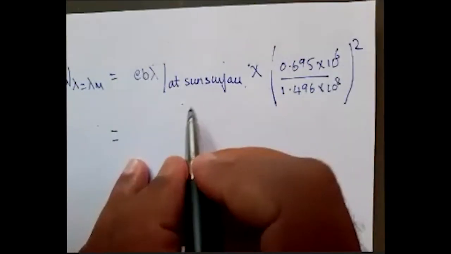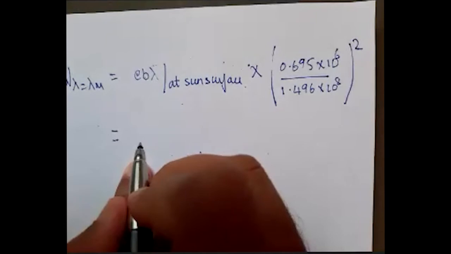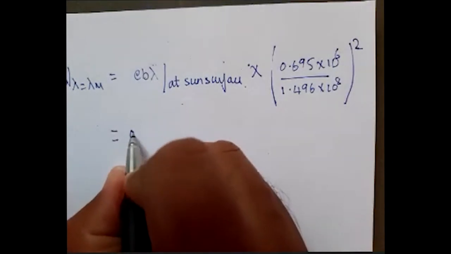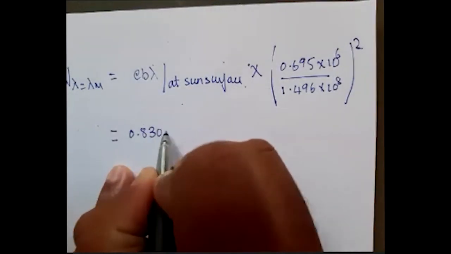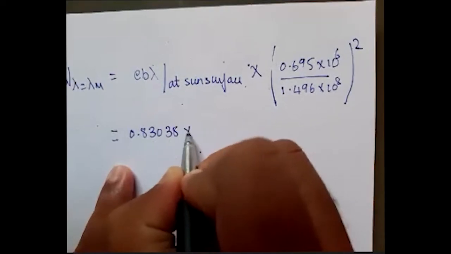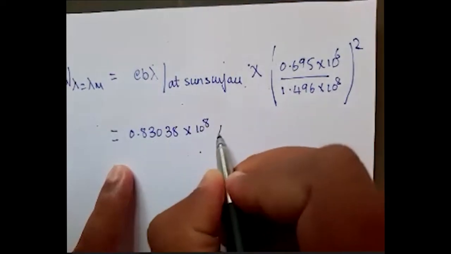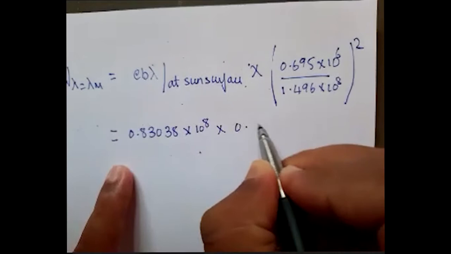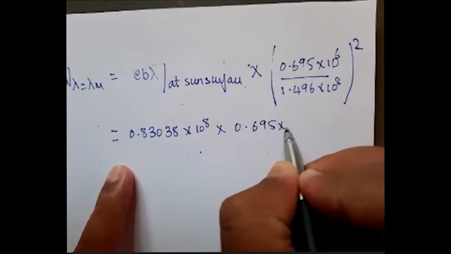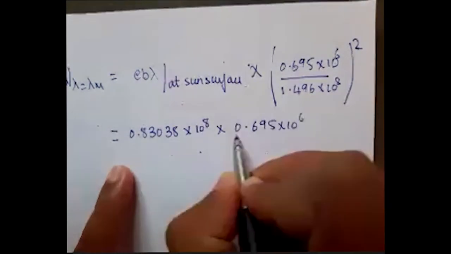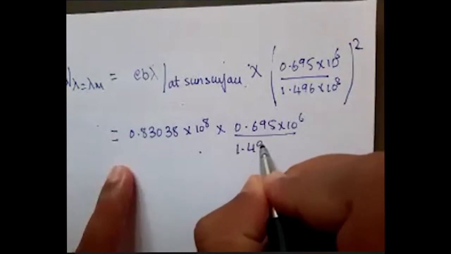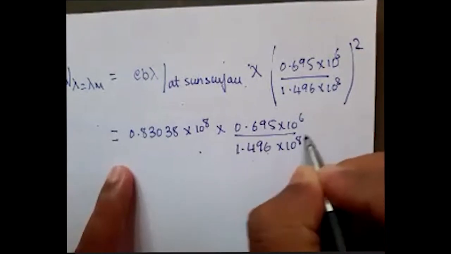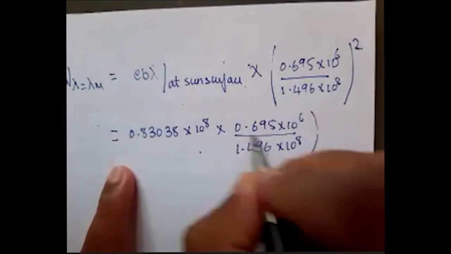So EB lambda at the sun's surface is 0.83038 into 10 raised to 8 into 0.695 into 10 raised to 6 divided by 1.496 into 10 raised to 8, squared.